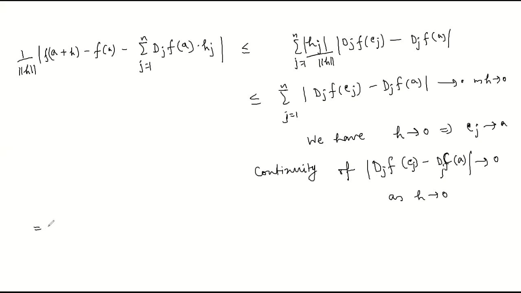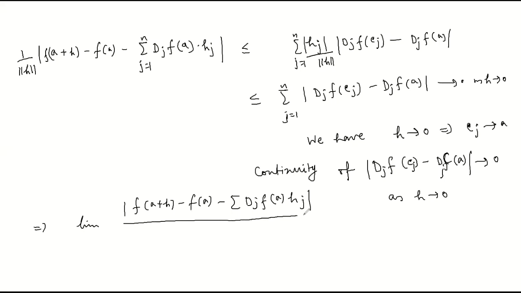So this implies that the limit as h tends to 0 of the absolute value of f of a plus h minus f of a minus the summation of dj f at a times hj, over norm of h, is equal to 0.